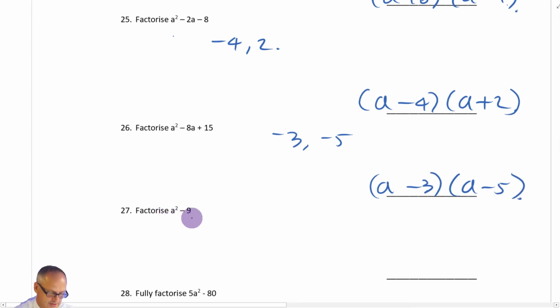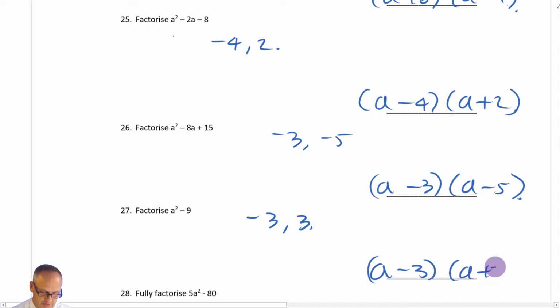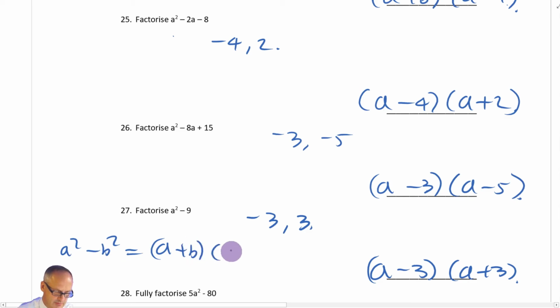A squared minus 9. So we've got 2 numbers that multiply to give me minus 9, but combine to give me 0. Well, 3 and minus 3 will multiply to give me minus 9. Add them together, we get 0. So this is a minus 3, a plus 3. And this is called the difference of 2 squares. If you have something that looks like a squared minus b squared, it always factorises to a plus b, a minus b.